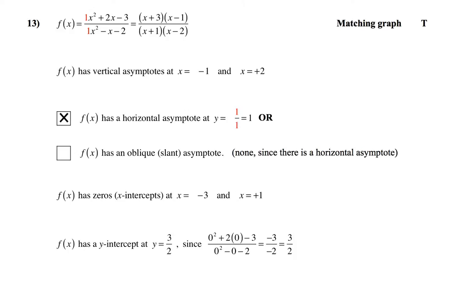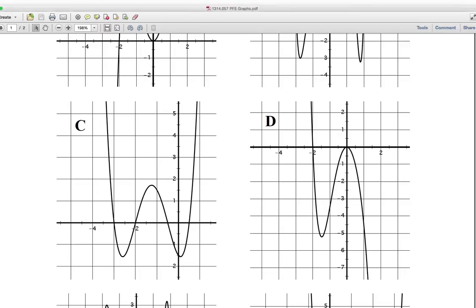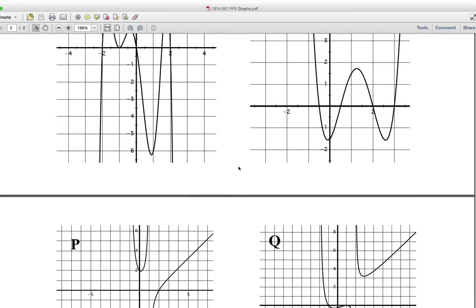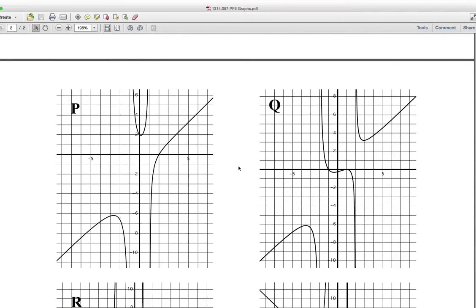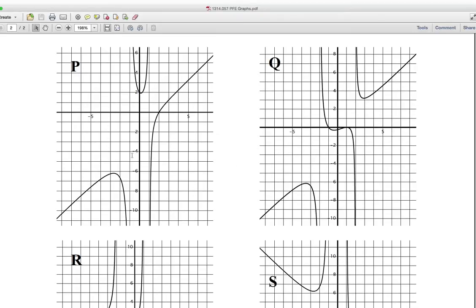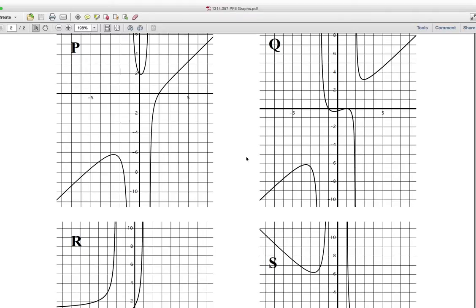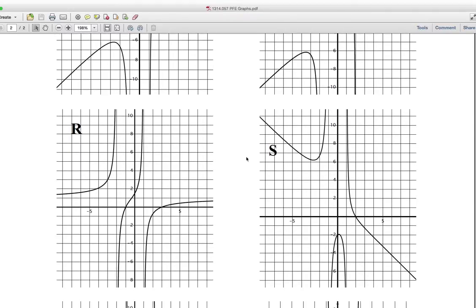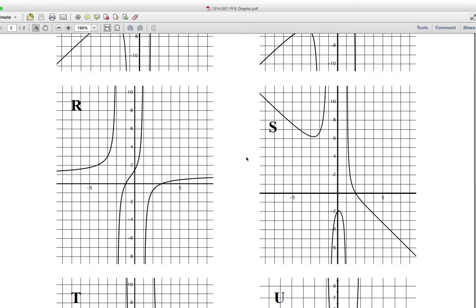Now we go to the graphs and look for graphs that have vertical asymptotes at -1 and +2. So our rational functions are here. The first two have slant asymptotes, so we know that those are not the matching graphs. So we move on to the next pair. This graph, graph S, has a slant asymptote, so we know that it's not that graph.